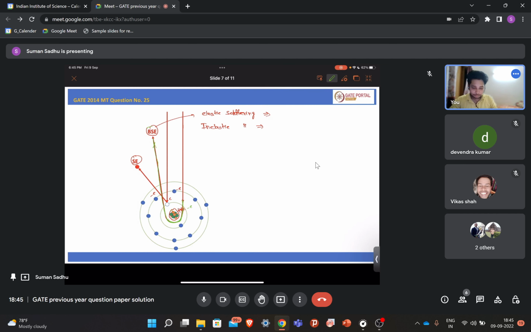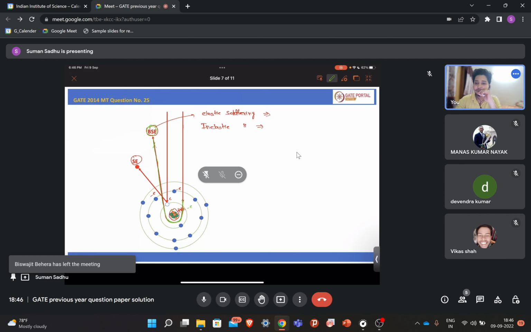So now I have described what is the BSE electron. Now you can understand on which factor of that atom this amount of backscattered electrons will depend. Why does backscattering happen? Because of the nucleus of the atom, right? So it depends on the Z value, Z means atomic number.